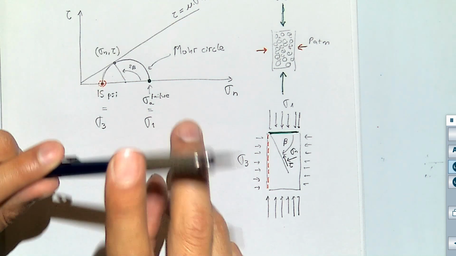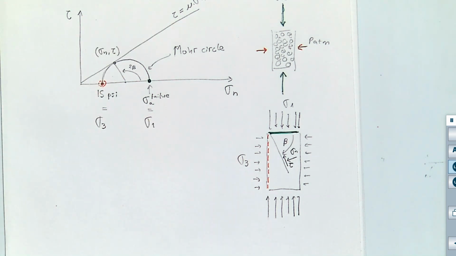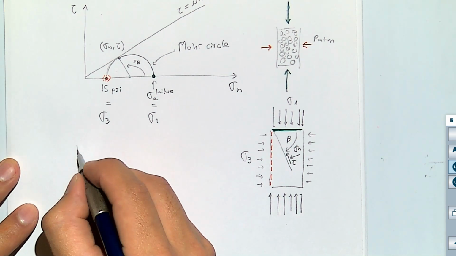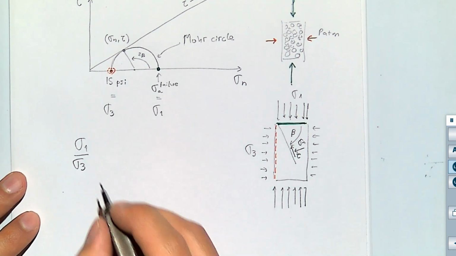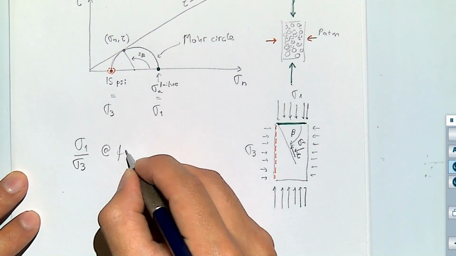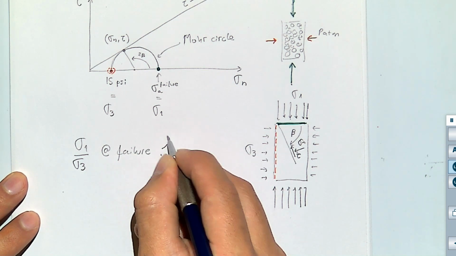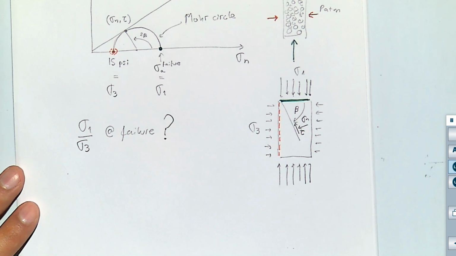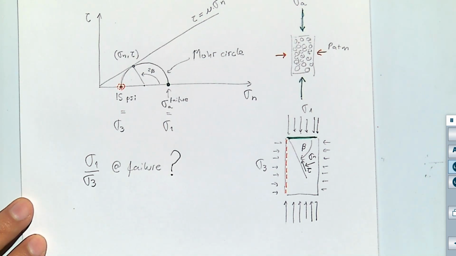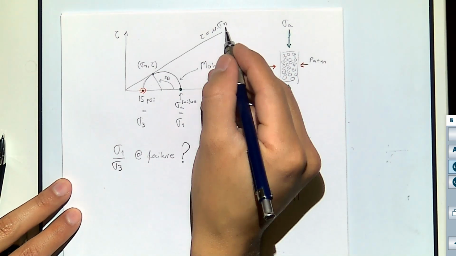All right? So let me solve this problem. I want to know how many times sigma 1 is going to be with respect to sigma 3 at failure. And in order to do that, we're going to use the shear failure line.